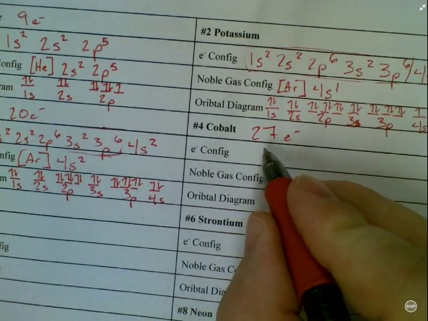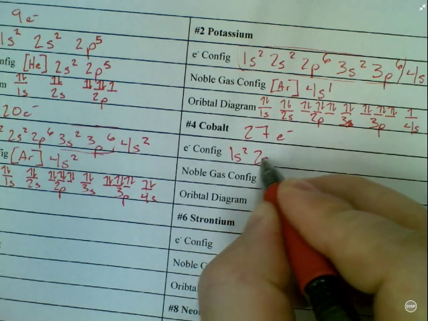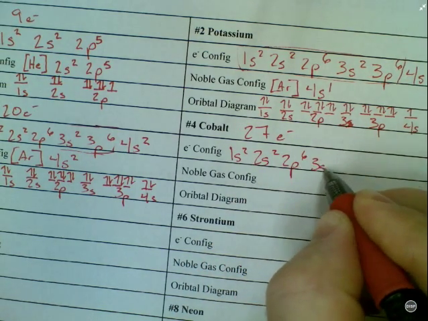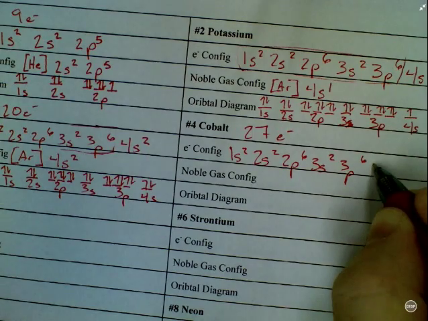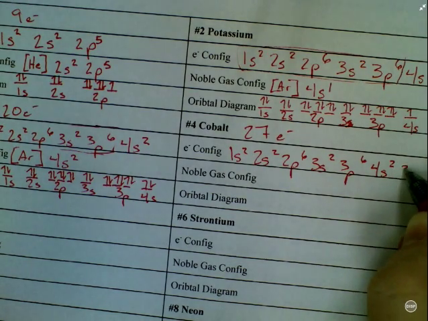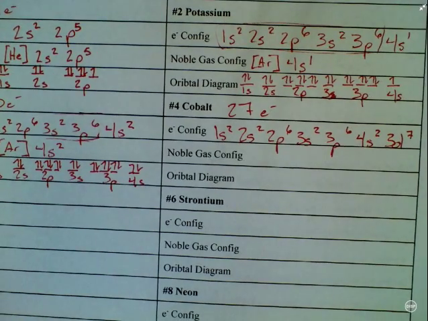Go cobalt. I'm accounting for 27 electrons here. 1s2, 2s2, 2p6, 3s2, 3p6, 4s2, 3d7 is the last orbital that I'm actually going to fill.